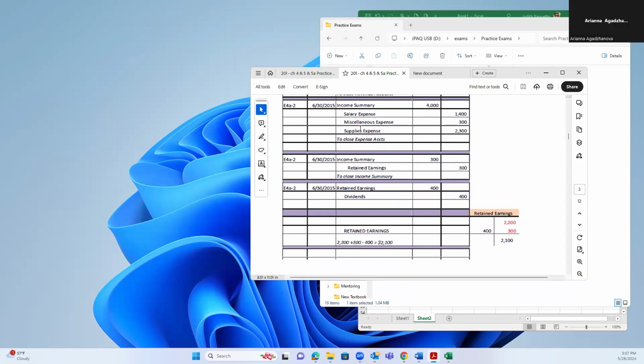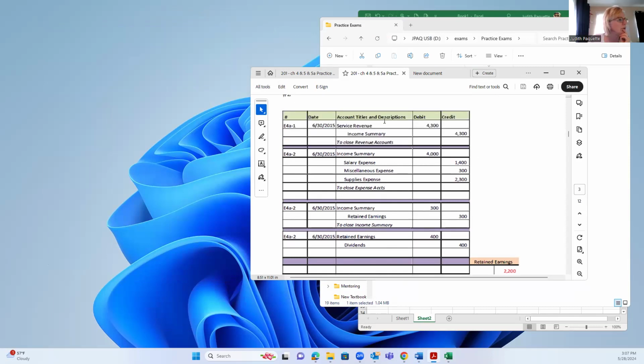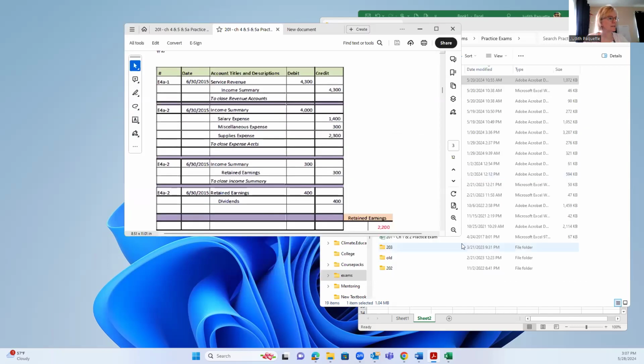Closing all the expenses, closing the revenue accounts, closing the expense account. You guys good with those? And are you questioning the 300 in the third journal entry? Yes. Both of you? Yes. Okay. All right. We don't close retained earnings. So that is why it's a different number.